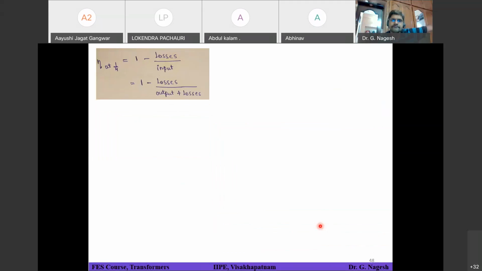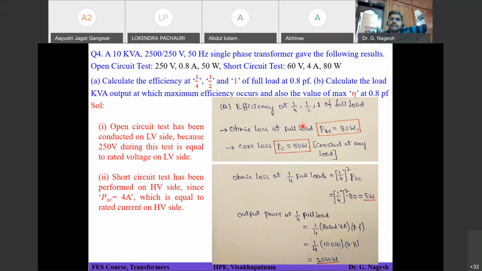Can you show the question once again? Part B is: calculate the value of N at which maximum efficiency occurs for the transformer.